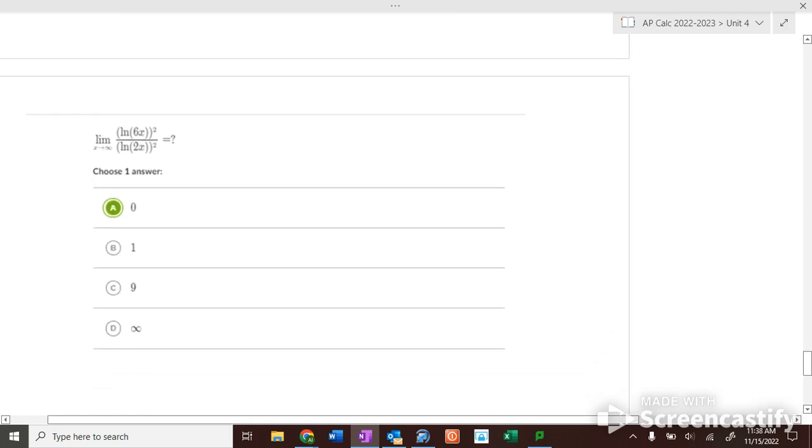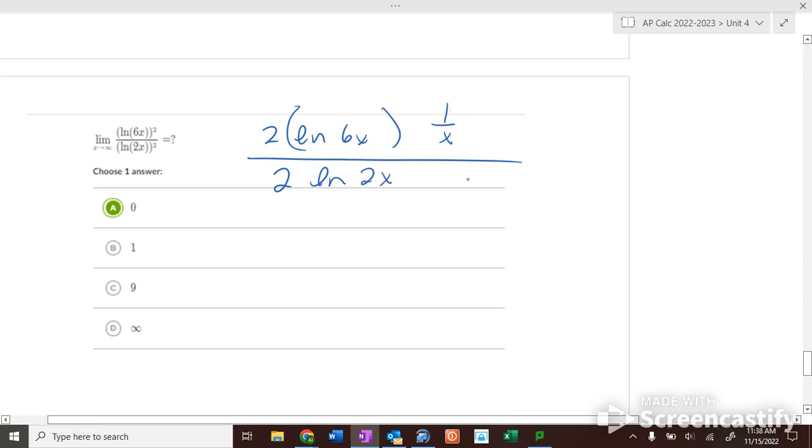L'Hopital's rule, you just put the 2 ln of 6x times the first derivative of the ln of 6x, which is 1 over x, over 2 ln of 2x times the first derivative of the inside, which is 1 over x. Well, these cancel.